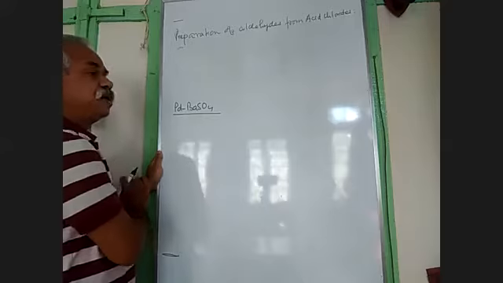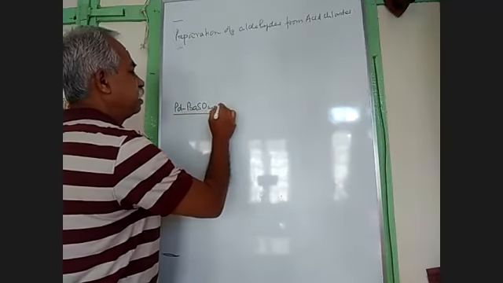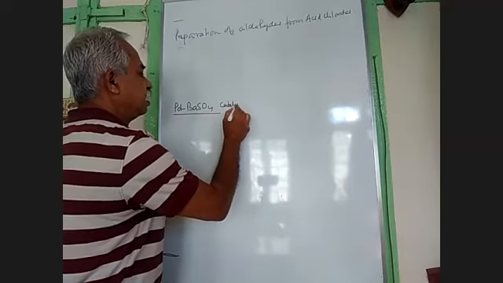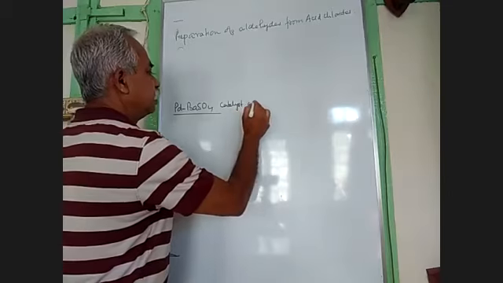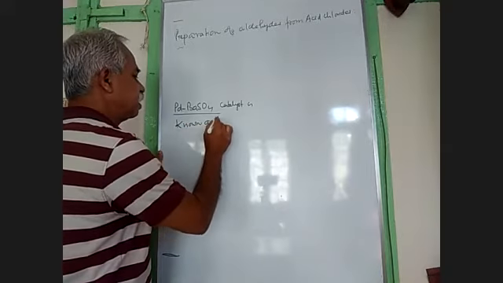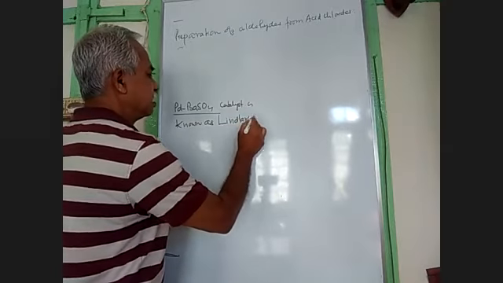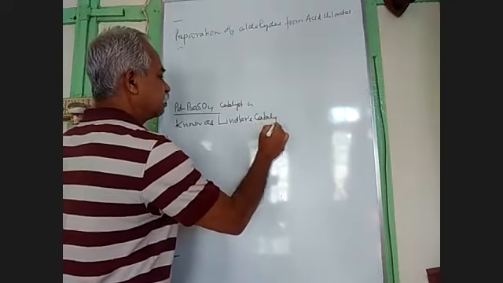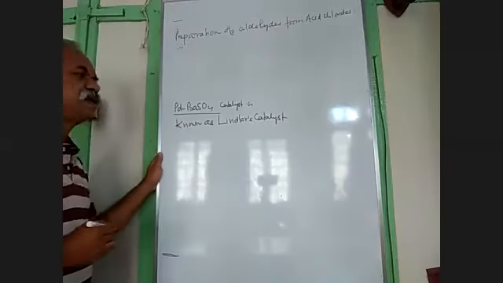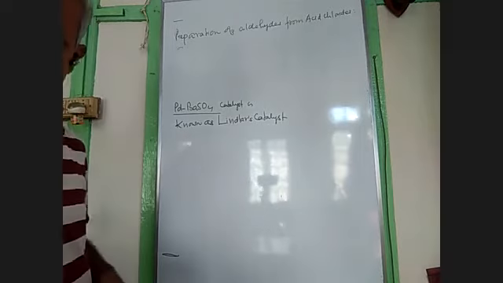The place where you have written, make some space and write: palladium barium sulfate catalyst is known as, this is again for entrance, Lindlar catalyst. This question sometimes comes. What is Lindlar catalyst? So the combination of palladium and barium sulfate is known as Lindlar catalyst. Please remember.